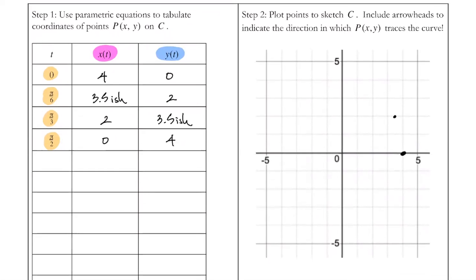I said ish because we're graphing these and I didn't think the scale was big enough to go to like the 3rd decimal. Does that make sense? Okay. And then 2, 3.5-ish, and then 0, 4. Okay. And so that's all we have so far.